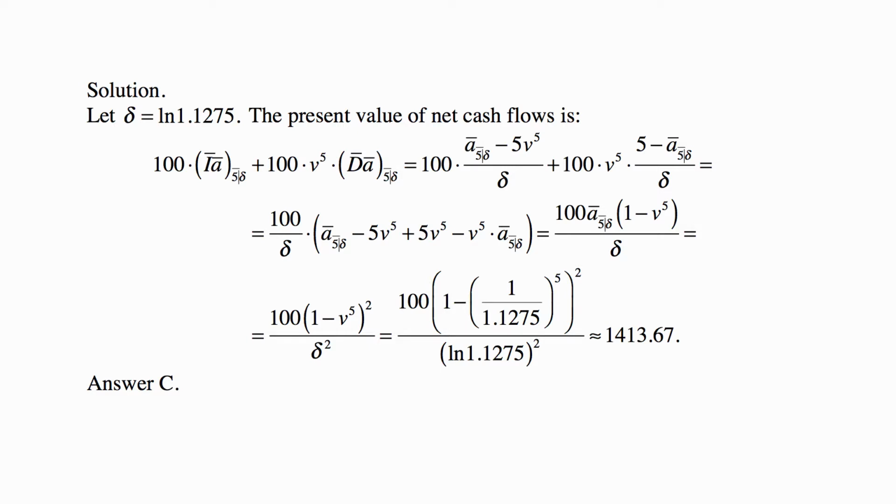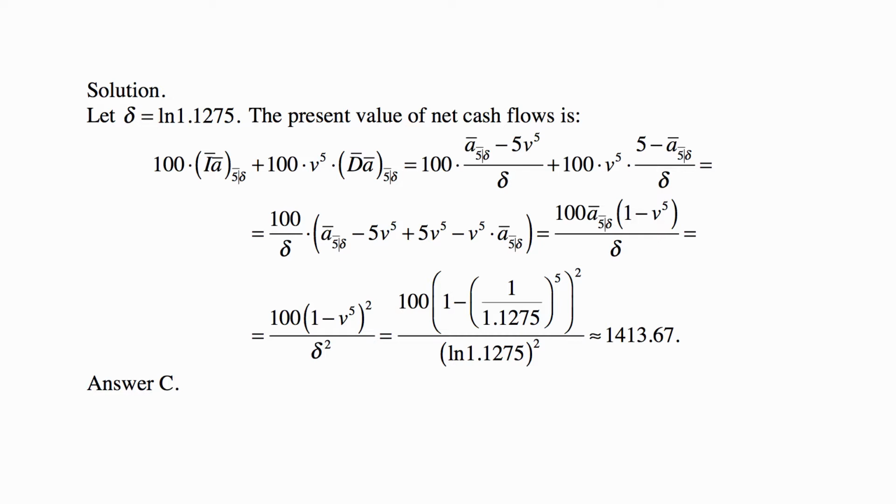And the actuarial present value of the first increasing annuity is 100 times (Īā)_5 at delta. The second one at time 5 is 100 times (Dā)_5 at delta, but we need to discount it 5 years back to today, and that's why we have this v to the 5th there.